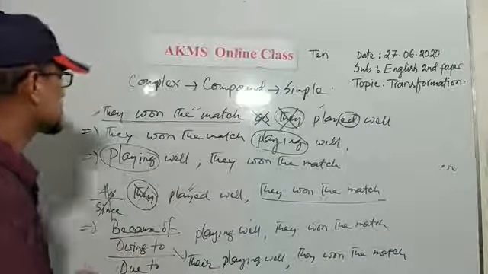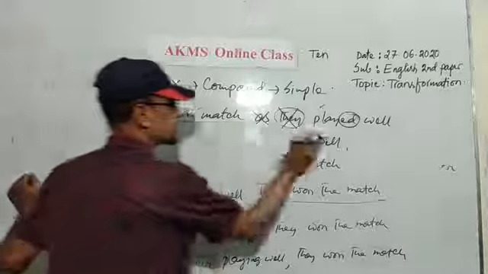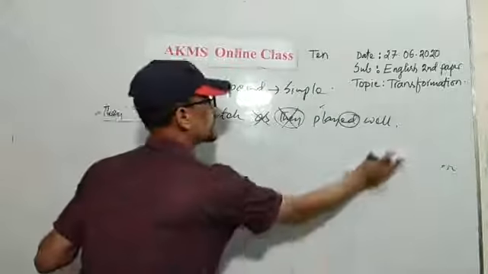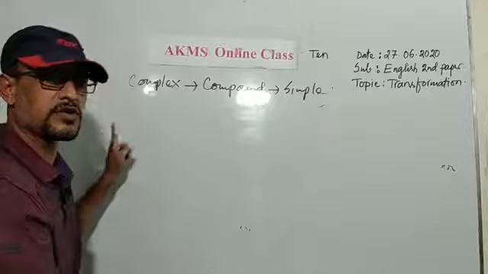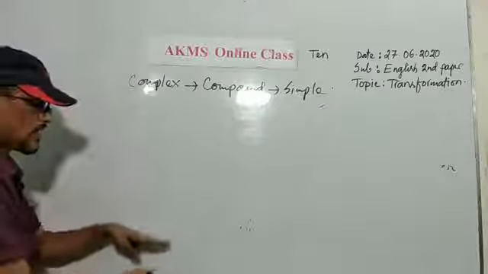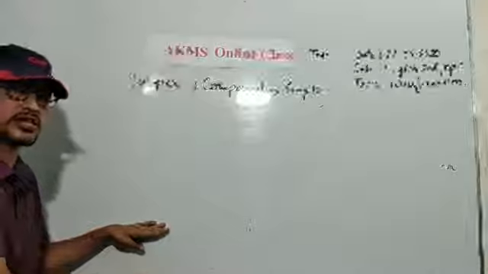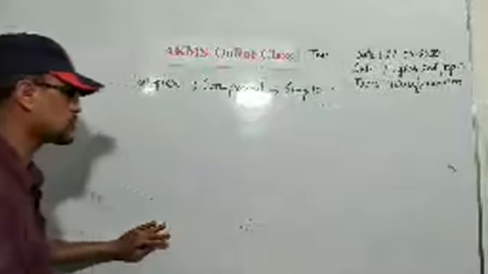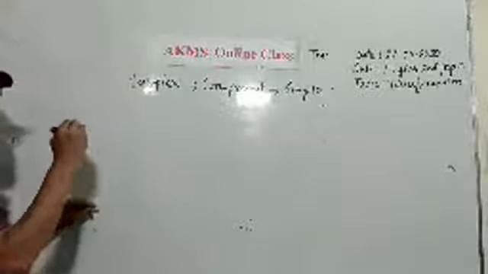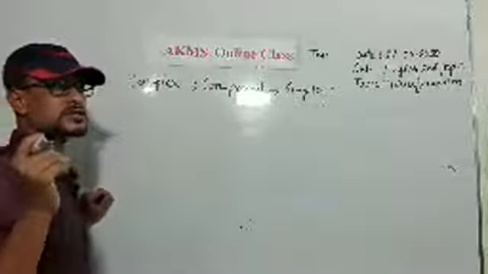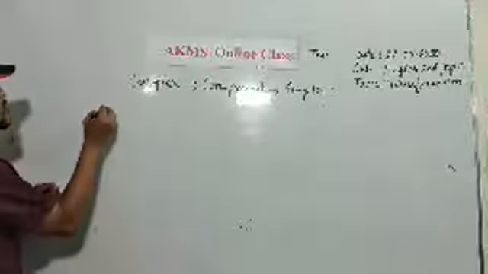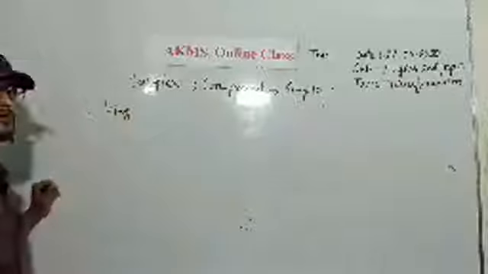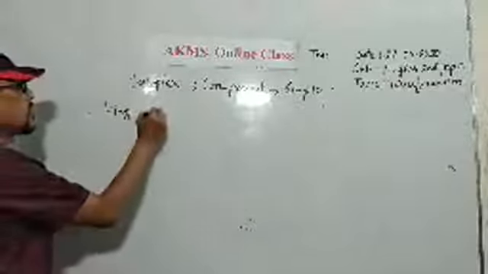So, what is the structure of a simple sentence? I think all of you have written the structure when I gave the instruction of transforming the complex sentence into compound. Now I am just writing the structure of the simple sentence. You may start the sentence with the ing form of the verb and then object.